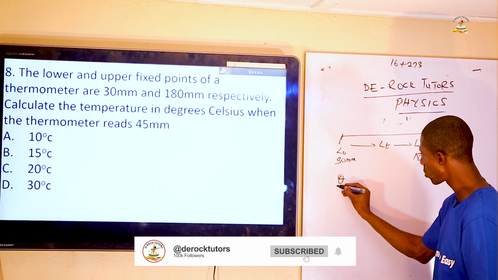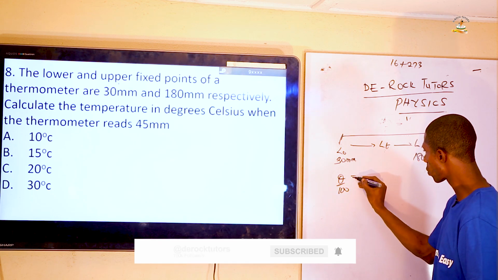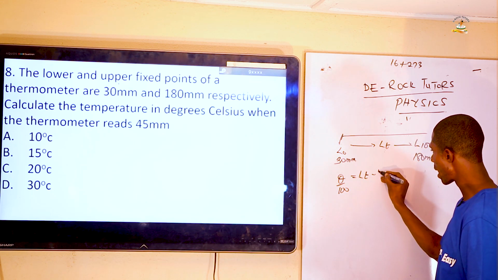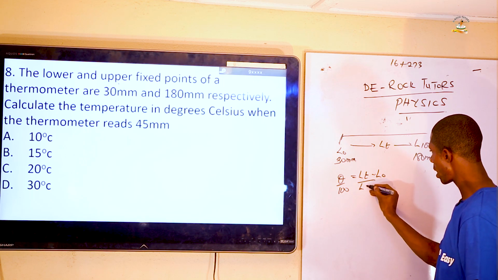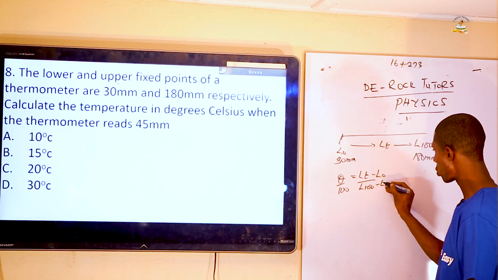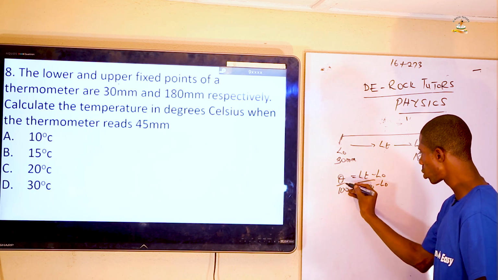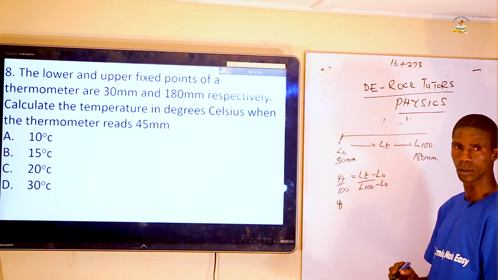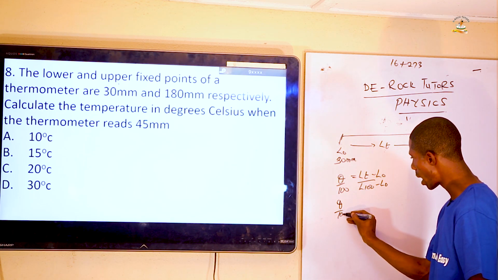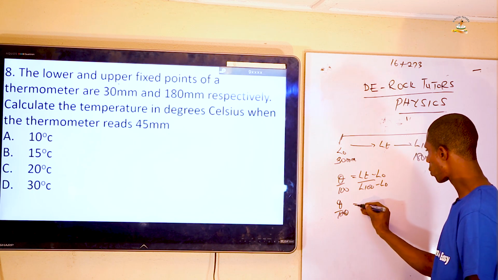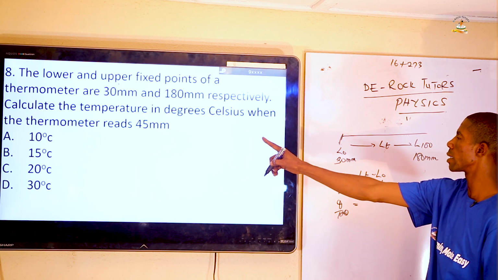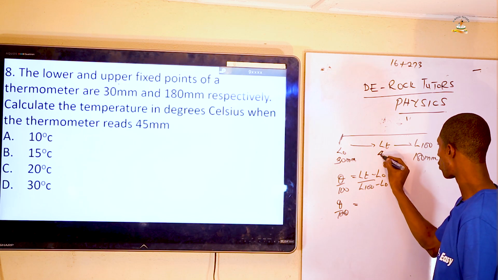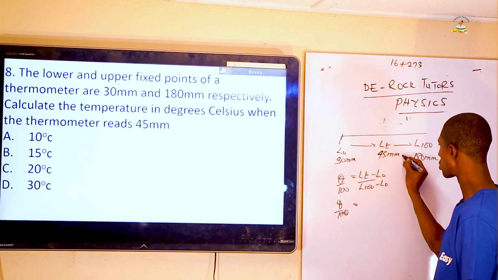So we have theta over 100 equals LT minus L0 over L100 minus L0. So this temperature is what I'm looking for, theta, which I don't know, over 100 equals. Then the limit temperature now gives us 45 in millimeter as well.